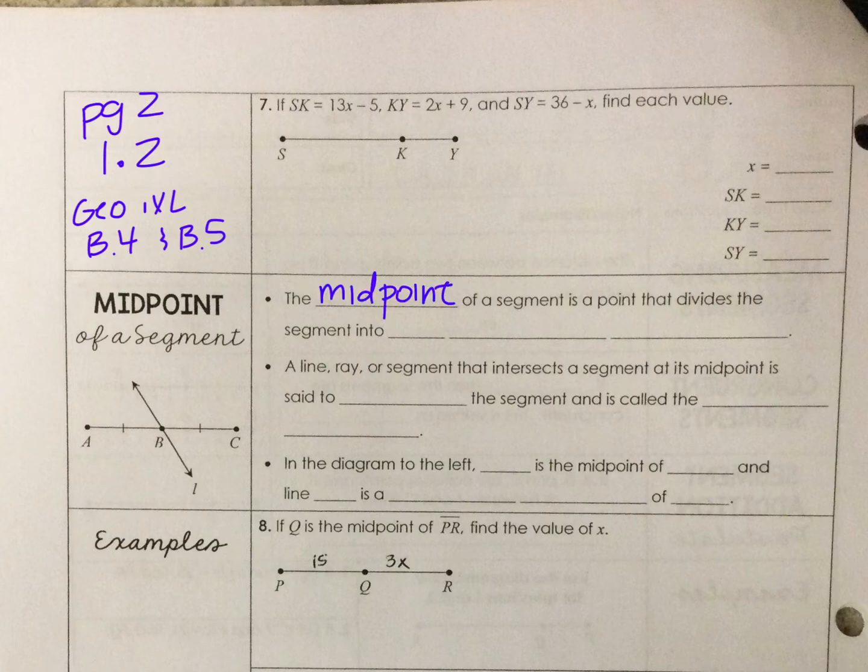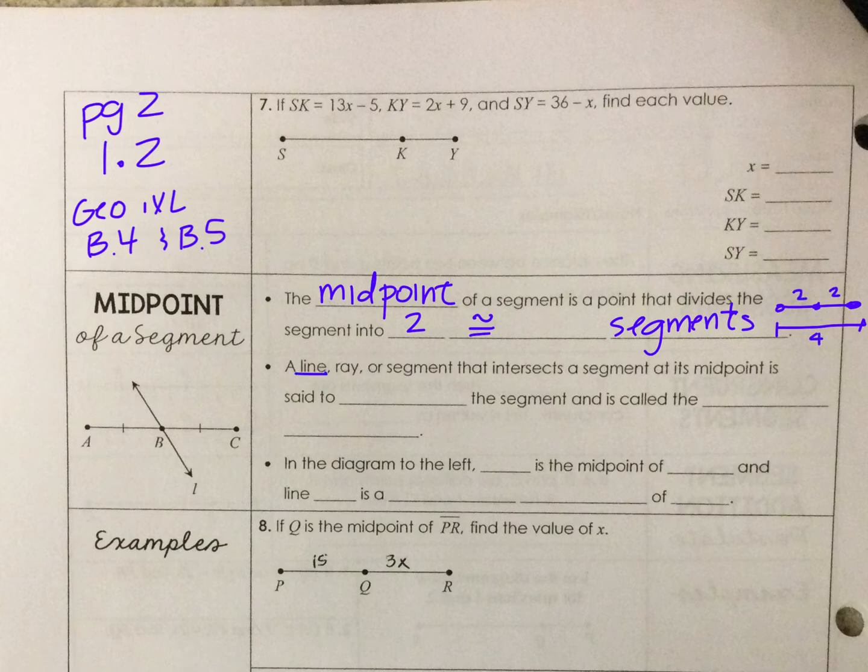The midpoint of a segment is a point that divides the segment into two congruent segments. What that is saying is that a midpoint cuts it in half in the middle. So if the whole thing is 4, it means it's a 2 and a 2. It cuts it in half.